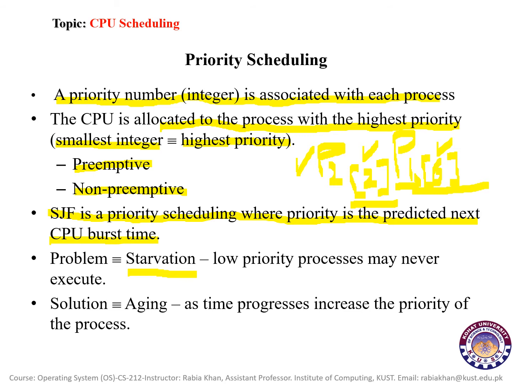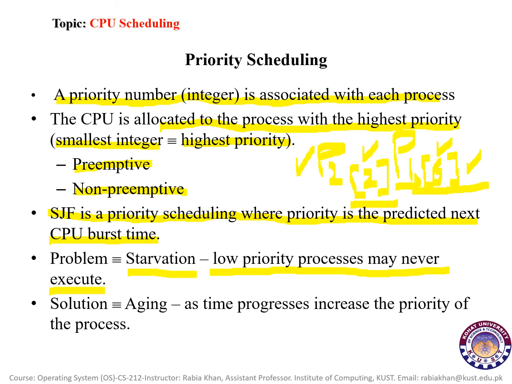So how can starvation occur? Low priority processes may never execute. That means a process whose priority number is too large will never get a chance to be executed on CPU. New processes are coming whose priority numbers are smaller than those already residing in RAM.